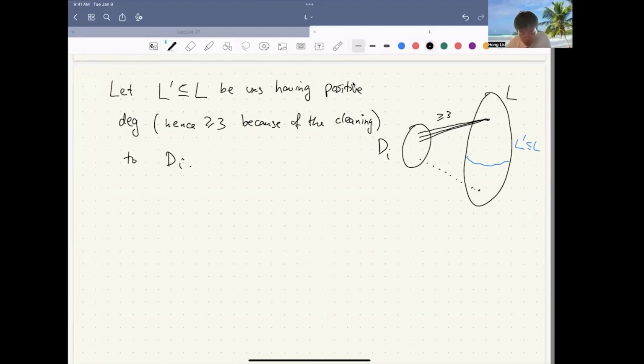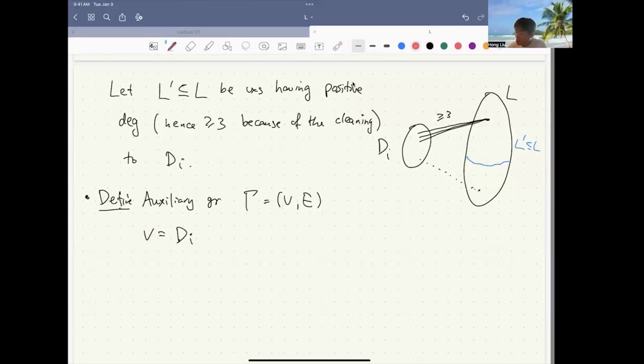What do I want to do now? Now I'm going to define my auxiliary graph. So how do I define the auxiliary graph? Let's call it gamma. The vertex set of gamma is Di.